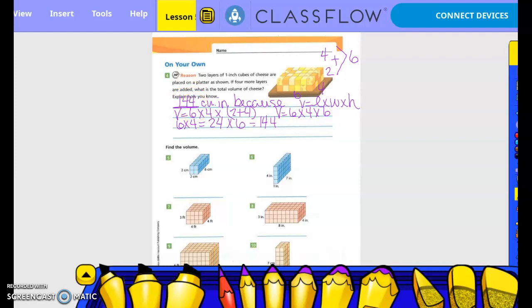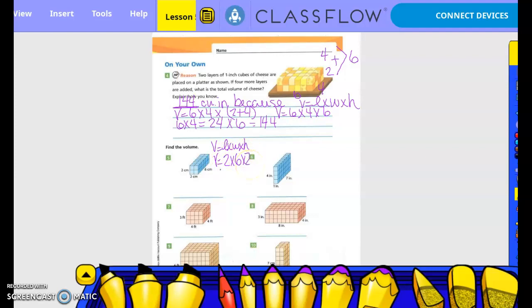Okay. Find the volume. So once again, I want to see formulas on all of these, okay? Just so we get good repetition and we can remember it, all right? So what is my formula? Volume equals length times width times height. Okay, and then volume equals 2 times 6 times 2.